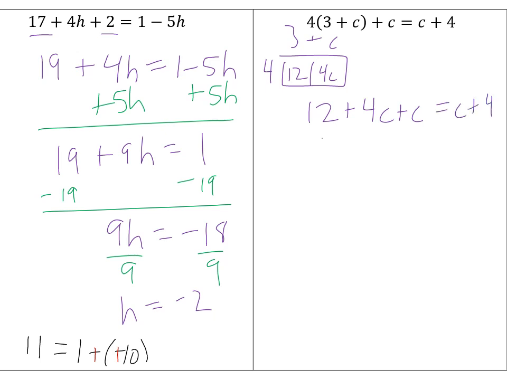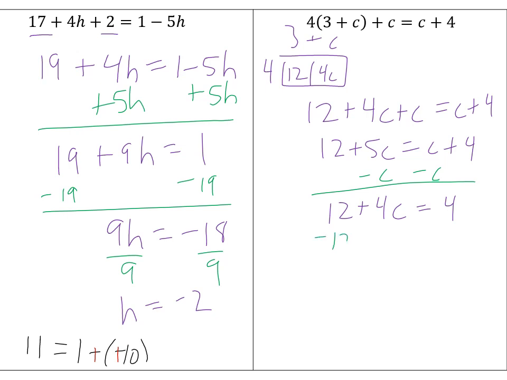Combine like terms, that gets us 12 plus 5c equals c plus 4. Move the c that is smaller, that would be the 1c. Now that gets us 12 plus 4c equals 4.